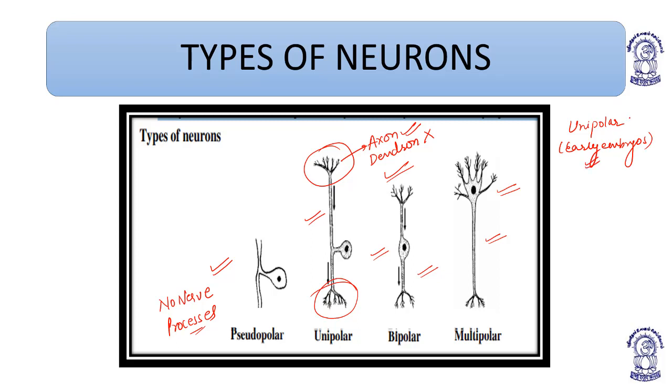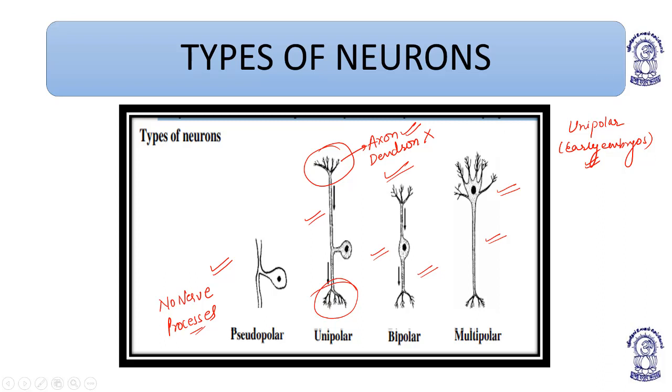Understood? These unipolar neurons help in the transmission of nerve impulses in a single direction.